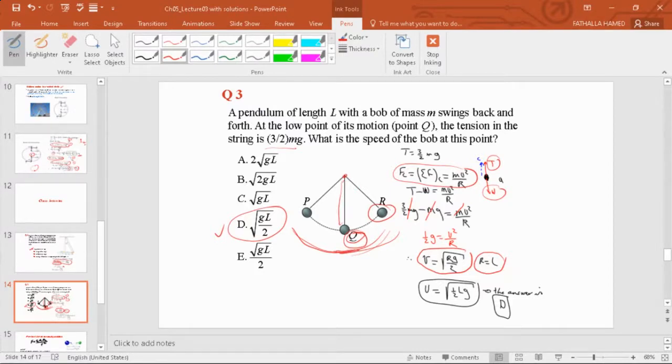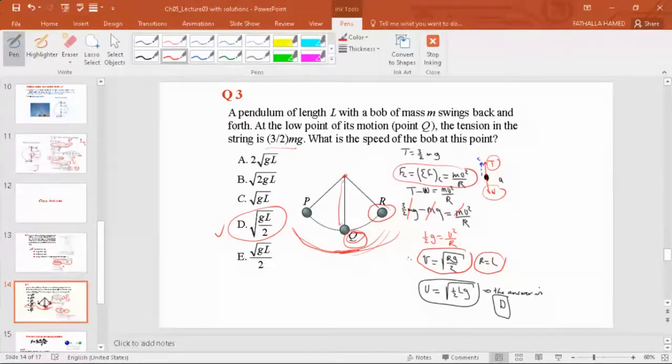Okay. So in circular motion, when it's uniform circular motion, we actually look at the net force pointing toward the center, and the net force to the center is equal to mv squared over r. Now, non-uniform circular motion, that means your v is not going to be constant.